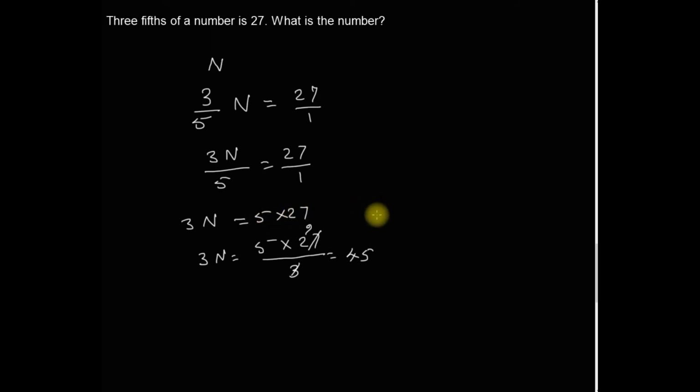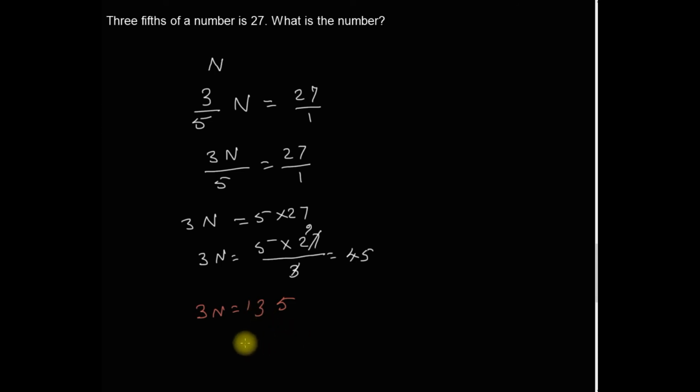Okay, let's do it. If I hadn't simplified, I would get 3n is equal to 5 times 27. 5 times 7 is 35, not 33. 5 times 7 is 35, 5 times 2 is 10, so it would be 135.